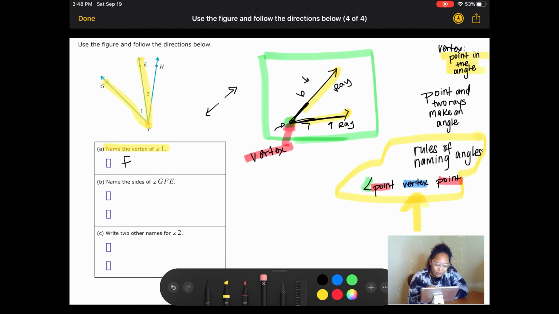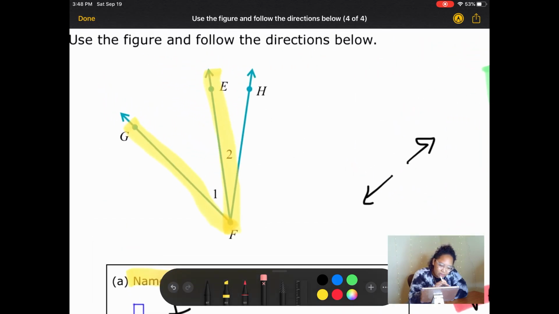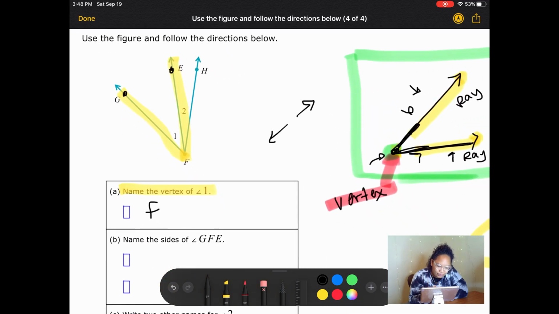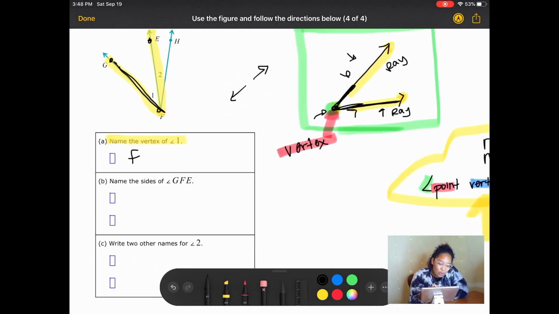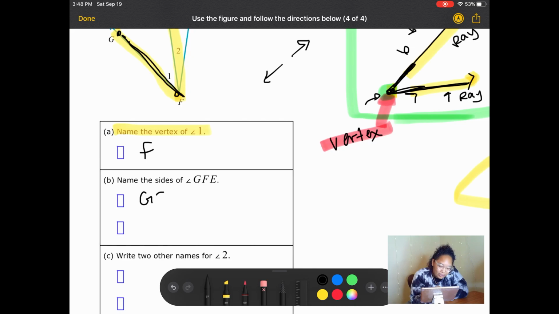For this question, it's put points here because a lot of times you're not going to see a point on your angle. They're just going to name it. So this right here is a line segment, right? That is technically a side. Because of that, I have the side GF, and I think it may give you the option to put this line there. If it does, use it. That just means the line GF or the side GF.